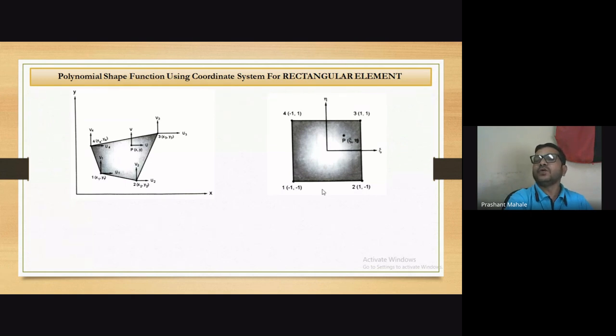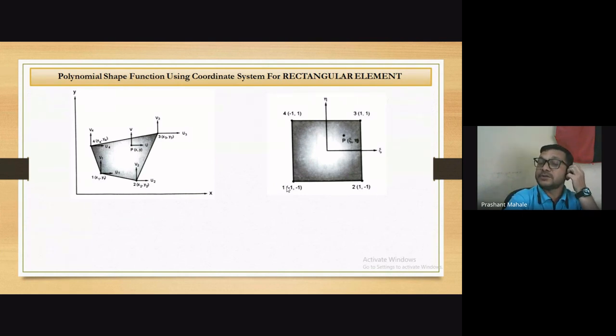Whereas four nodes that we are considering here for rectangular element are node 1, node 2, node 3, and node 4. For that four nodes, we have coordinates (-1, -1), (1, -1), (1, 1), and (-1, 1) for zeta and eta.